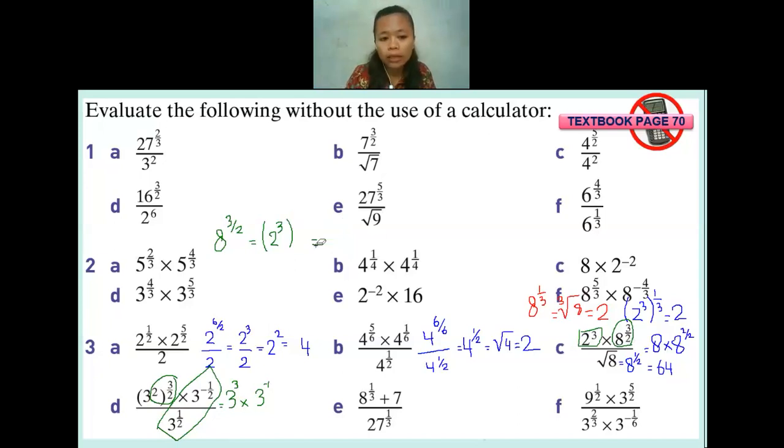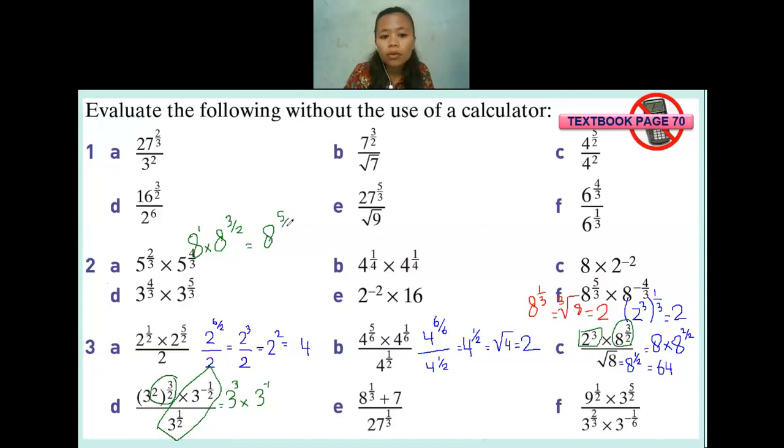No, cannot. I disagree. Let me show you. 2 to the power of 3 will be equal to 8, correct. But now, wait, let me erase everything first. Okay, now you have 2 to the power of 3, you make it into 8, right? So it becomes 8 times 8 to the power of 3 per 2. If there is no number, it means to the power of 1.